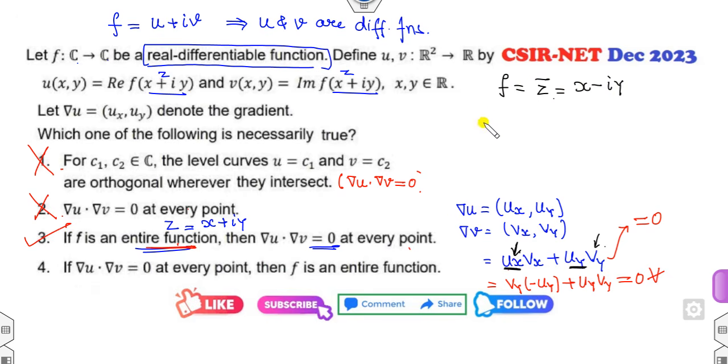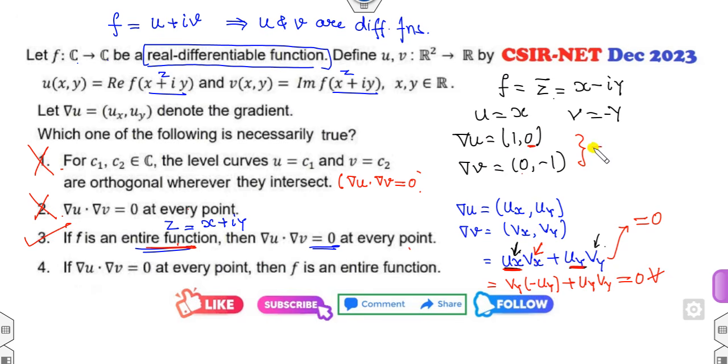Now you can see u is x, v is minus y. Can you find the gradient of u? It is 1, 0. Gradient of v is 0, minus 1. You can see u of x, I have taken v of x is 0, and so clearly the dot product will be 0, but this is not an entire function. So the right answer is only C is correct.